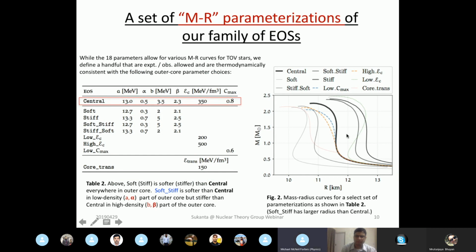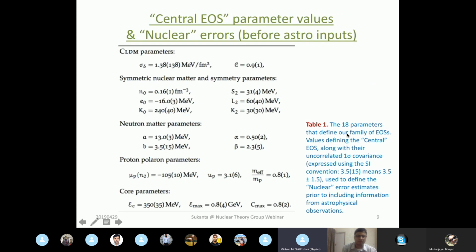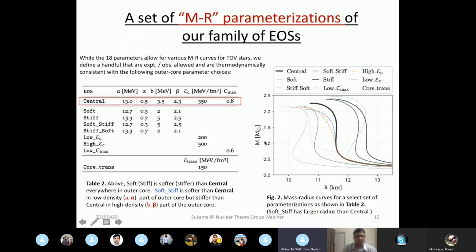So we change the parameters all within that to the full extent of the errors that we list in our table. Right, so A, B, alpha, beta, those are the most central dominant parameters, and so we increase them by the full extent. So in some sense, you can think of those as fairly extreme variations within these equations of state.